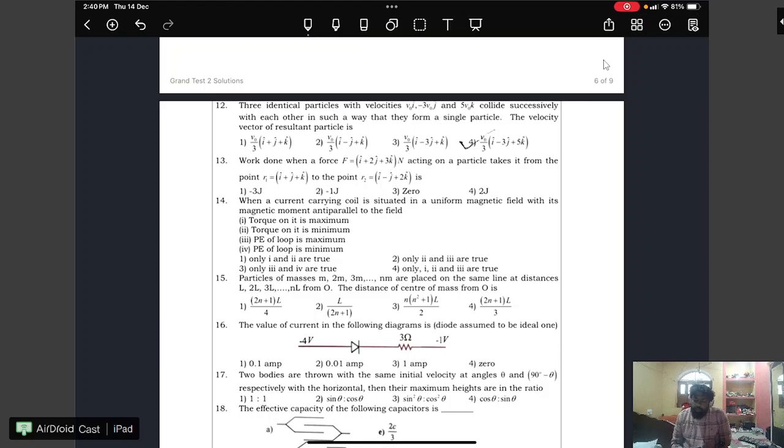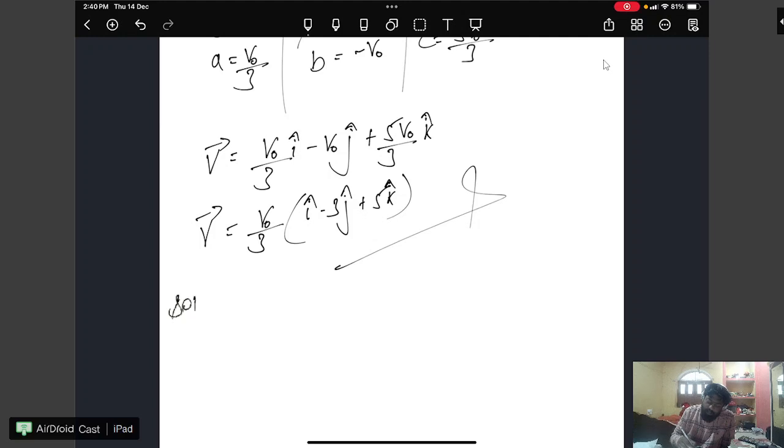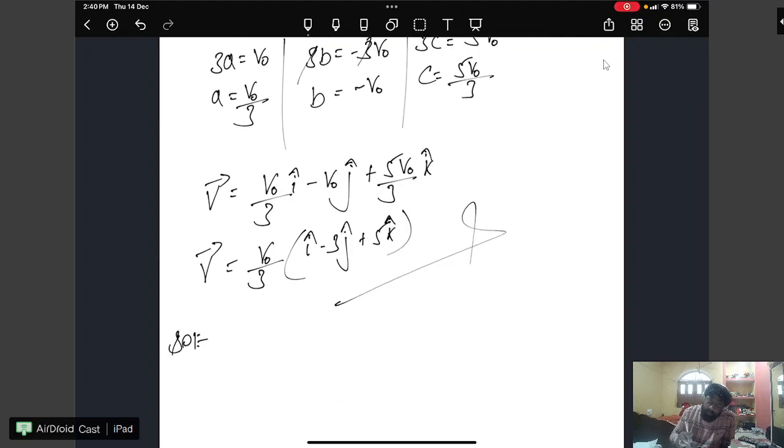Now, work done when a force acting on a particle takes it from a position. So the position vector R2 minus R1 we can do, and then the F vector dot product. Here just writing will take time, remaining everything is easy. I'll take the question paper from here so that again and again I don't have to scroll.